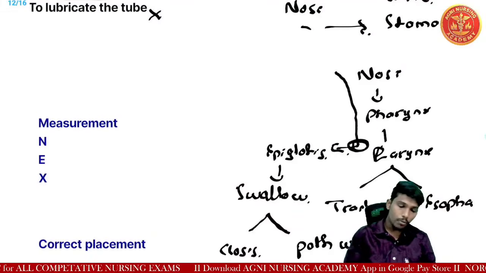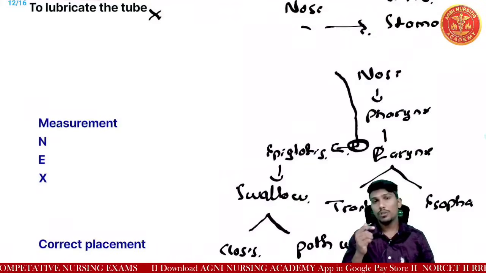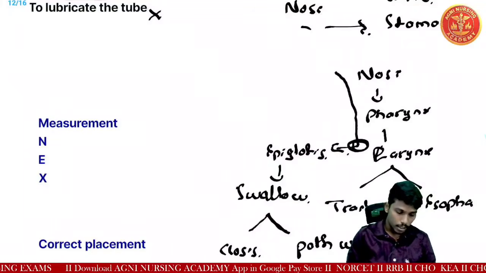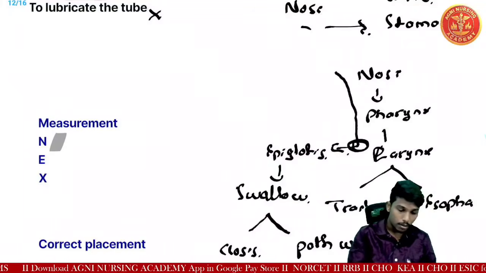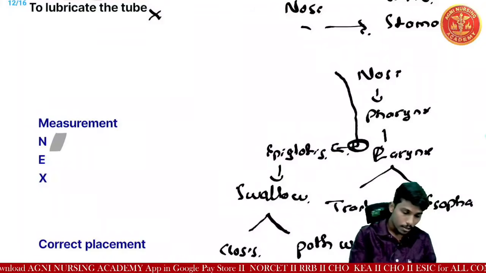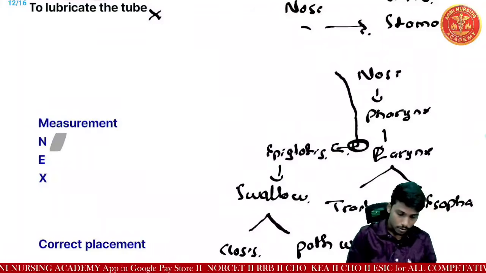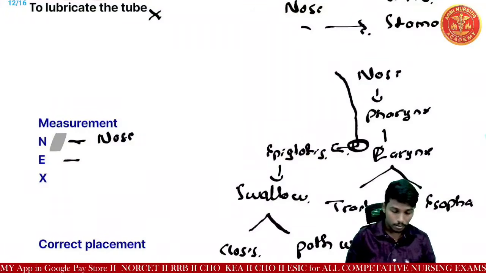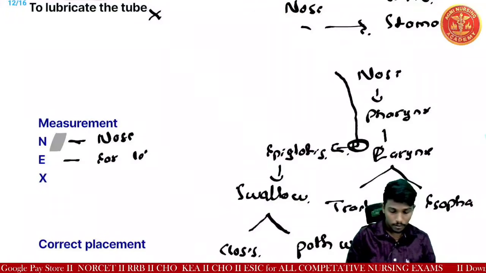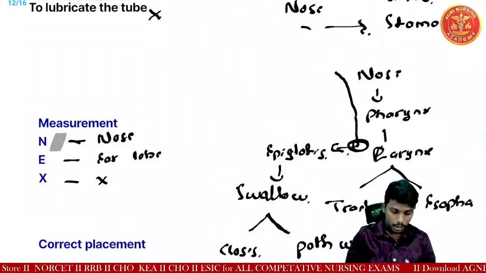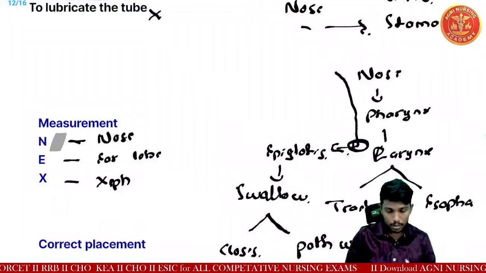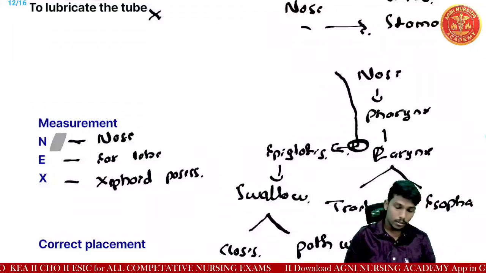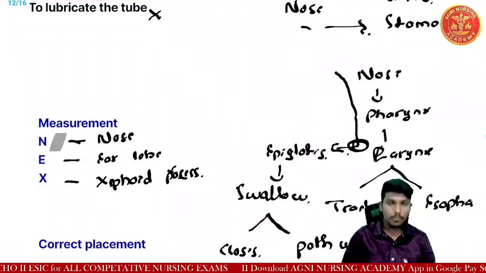Then how do you measure the NG tube? There is a formula, NEX. N for nose, E for ear tragus, the earlobe, and X for xiphoid process of the sternum.